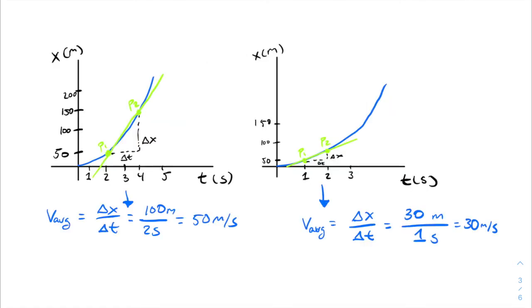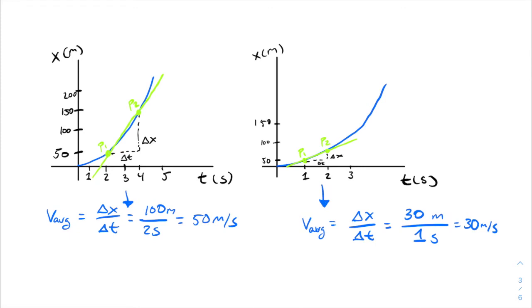Now, if we're given a graph of position versus time, as we can see here, where position is on the y-axis and time is on the x-axis, how can we find the average velocity of an object? Let's say that in this graph the motion along a straight line of the object is given by the blue line.